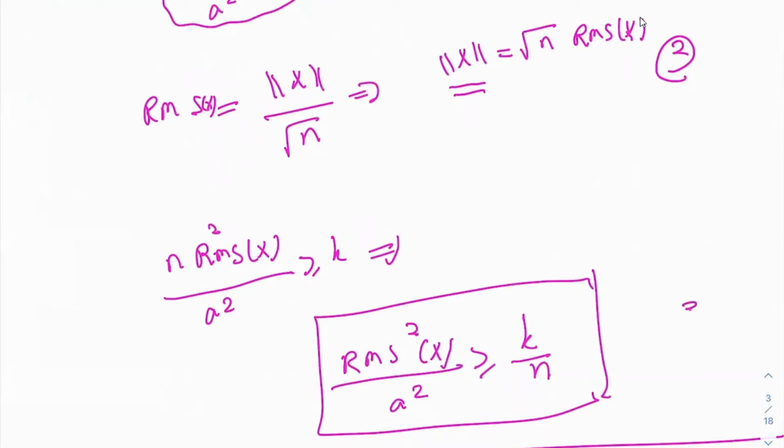Okay, this is a very interesting property relating to the Chebyshev inequality. Writing the Chebyshev inequality based on RMS relates the number of elements whose absolute value is greater than a, meaning k, and the total number of elements, which is n, to the RMS and a. Okay.